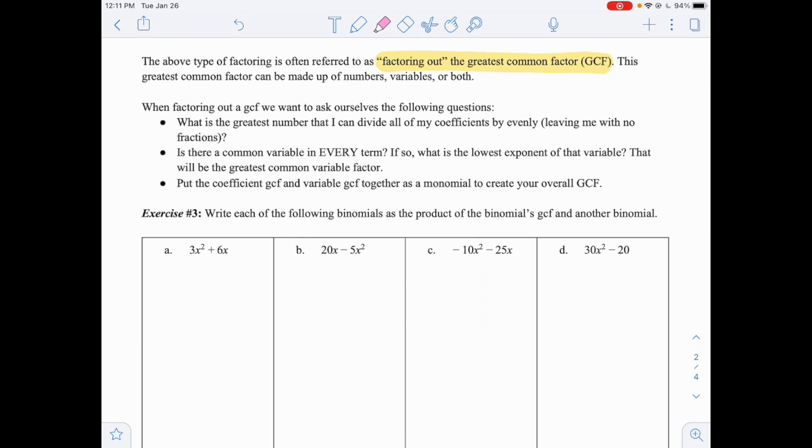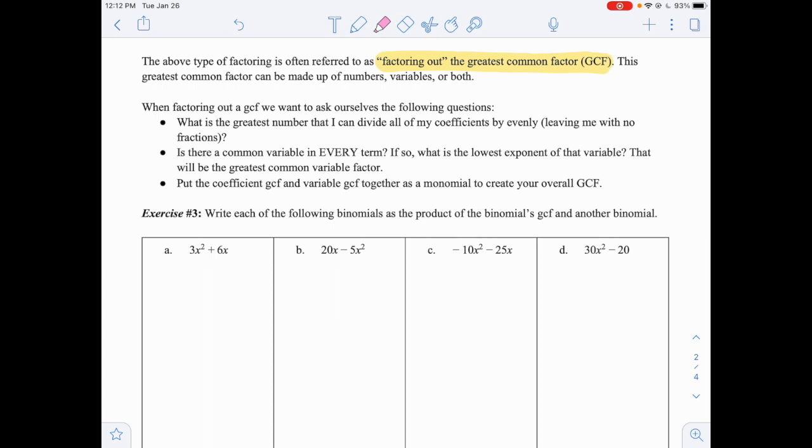So when factoring out our greatest common factor, we want to ask ourselves a few questions to help us figure out what it is. The first question is, what is the greatest number that I can divide all my coefficients by evenly? Remember, no fractions, no decimals. That's what we just did in the previous problems. Now we need to see if there's a common variable in every term.